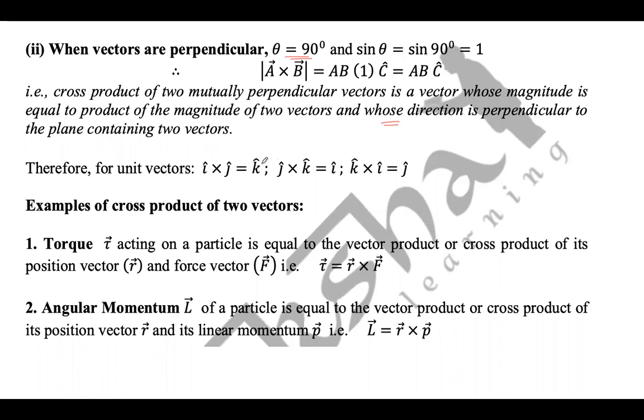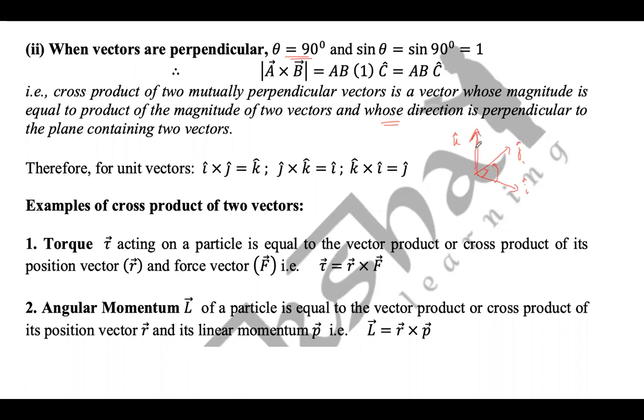So for unit vectors, if I say I cross J, I is along the x-axis, J is along the y-axis, then I cross J will be in the direction of the k-axis, the z-axis. So if you multiply x cross y, let's say they are perpendicular, then you will get it in the direction of the z-axis.